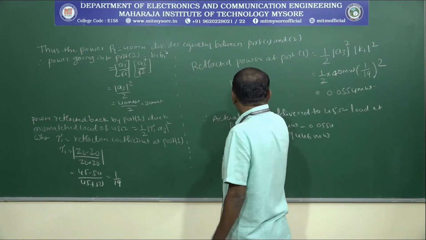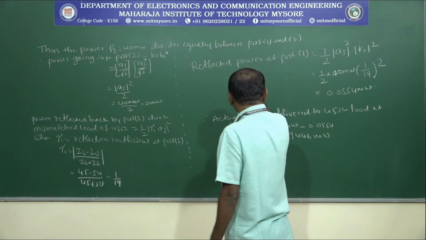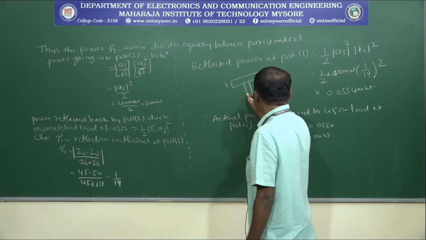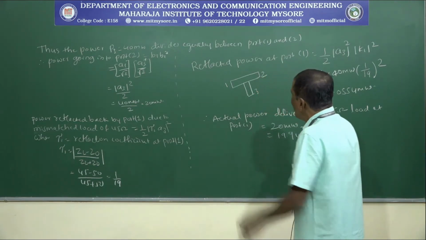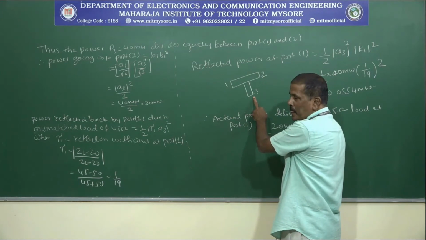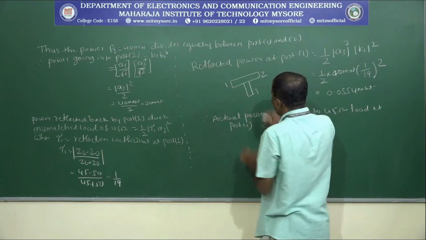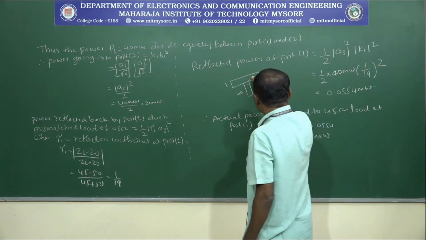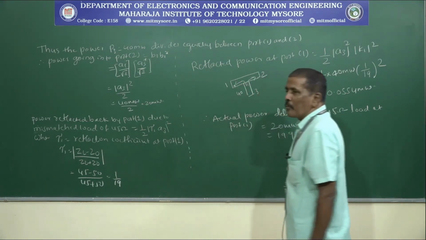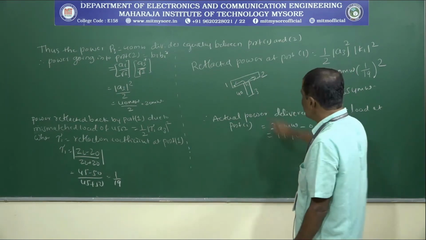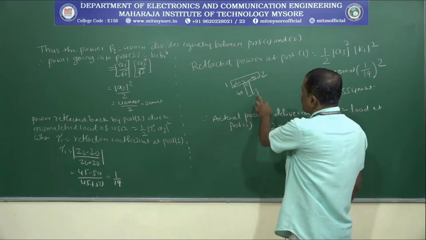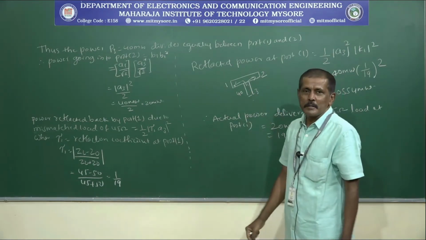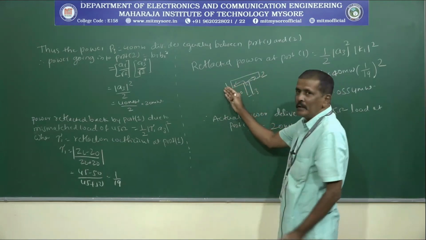Now after calculating the basic parameters, we have a T like this. This is your port 1 and port 2, and this is your port number 3. From port number 3 you are applying a power of 40 milliwatts, and this power divides equally between port 1 and port 2.